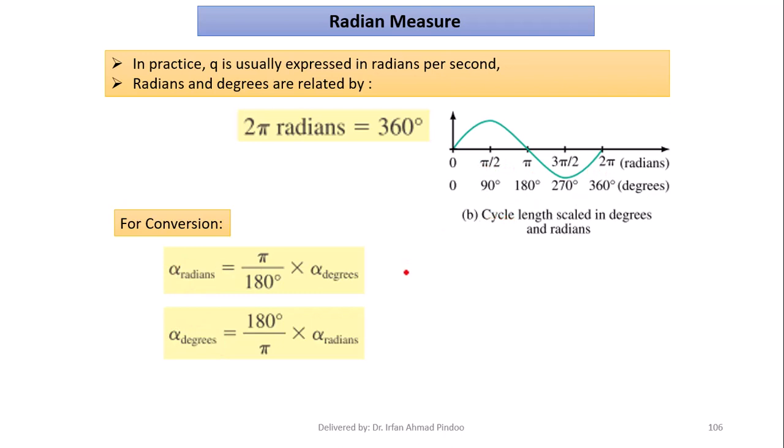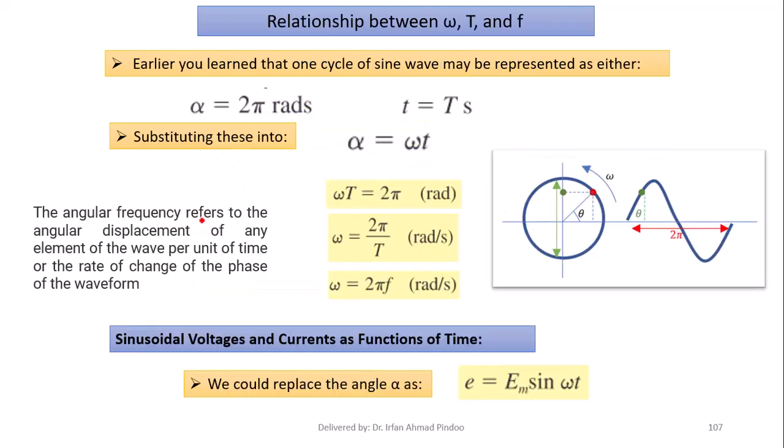Now sometimes we might have to convert from radian to degree, degree to radian, as we shall see in one of the numericals. So we can use the formulas accordingly. Here we can say that the value of 2 pi is the same as 360 degrees. Then we have the angular frequency also, which is omega, and we define omega as 2 pi f or also 2 pi upon T.